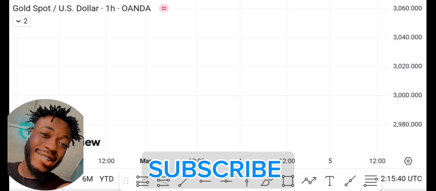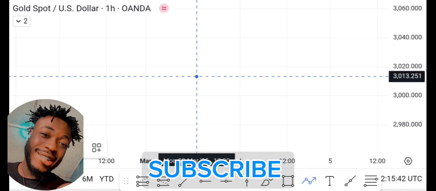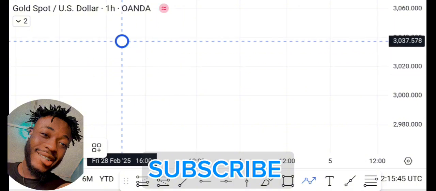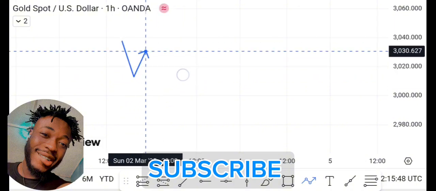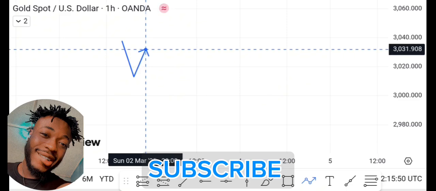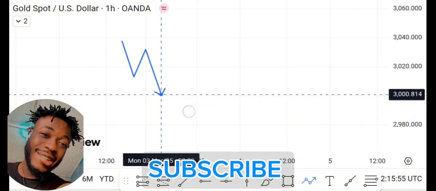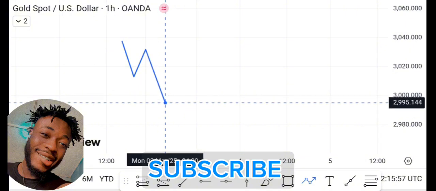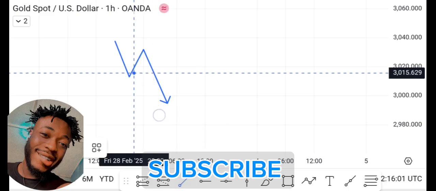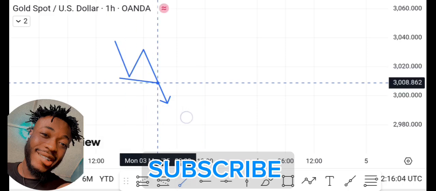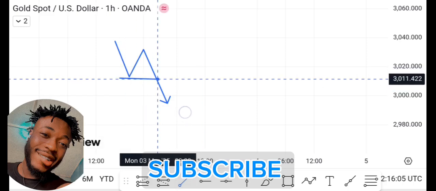So the first thing you need, let me teach you slowly, is if price is selling, price pushes down, price is definitely going to retrace, which is also called correctional movement. After retracement, price will push down to break the previous low, which will now be called a break of structure.